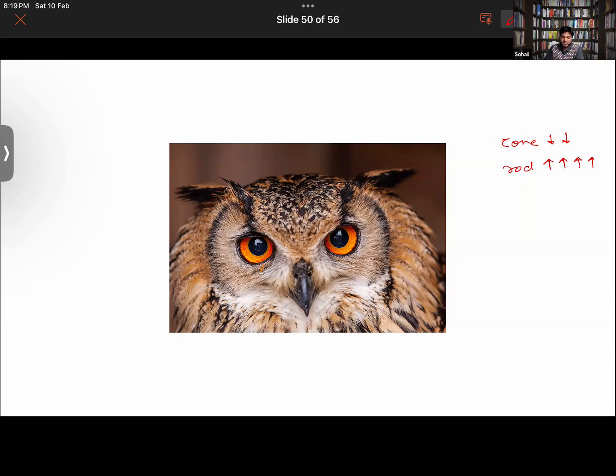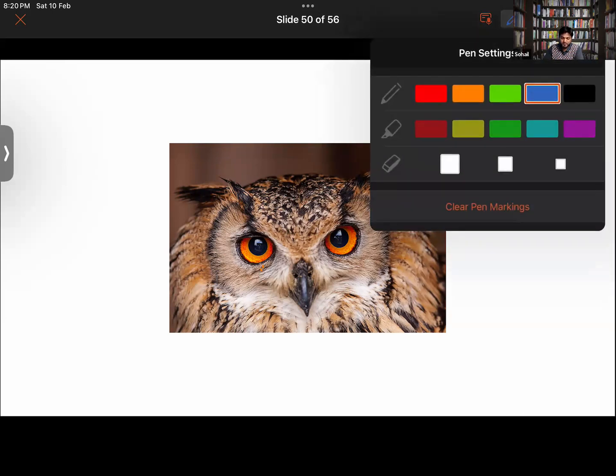So that's why they are having a very good vision during night time, and they are also called nocturnal animals. Nocturnal animals are those animals which stay inactive during the day and come out during the night in order to hunt.